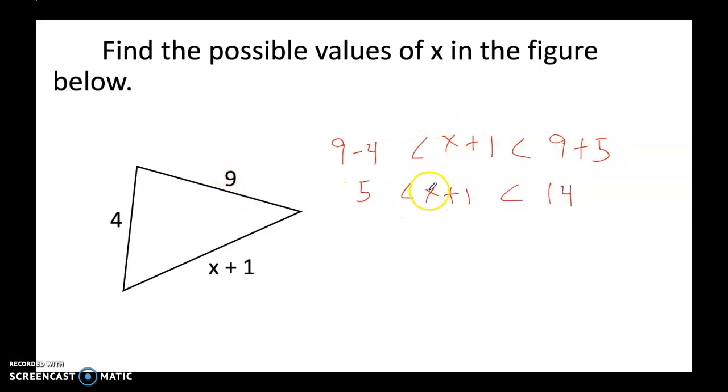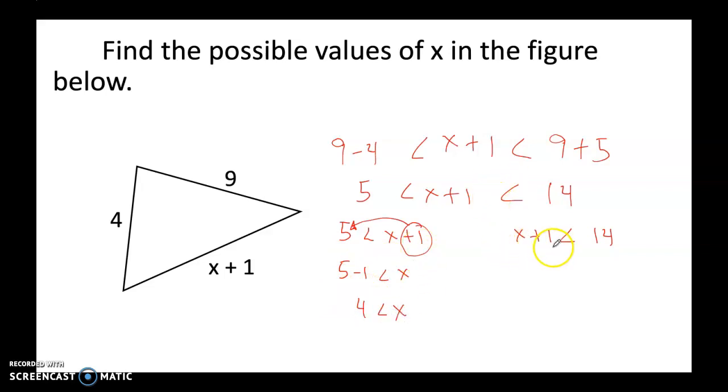So we have 5 less than x plus 1, and x plus 1 less than 14. Now let's have the operation. To simplify, we have plus 1. We need to transpose: 5 minus 1 less than x. 5 minus 1 is 4, less than x.